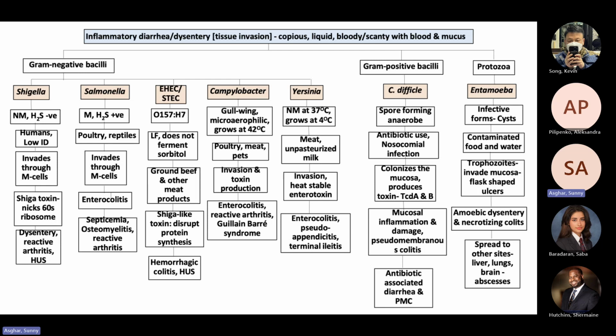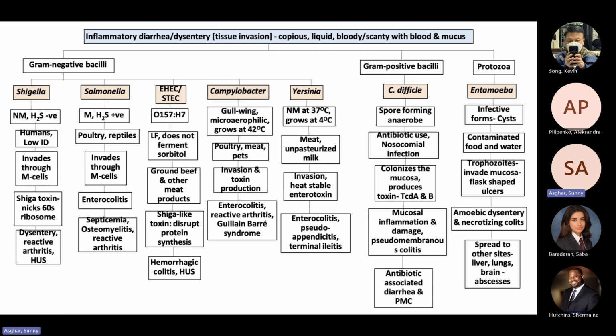Salmonella is hydrogen sulfide positive, and they are also invading through the M cells, and they can cause a range of conditions from enterocolitis to osteomyelitis as well as reactive arthritis.